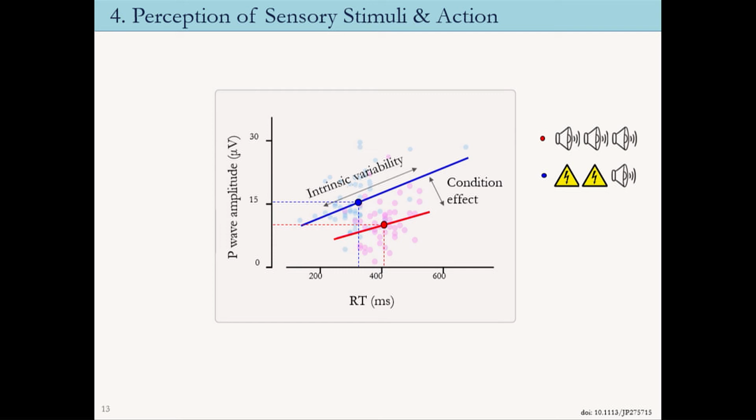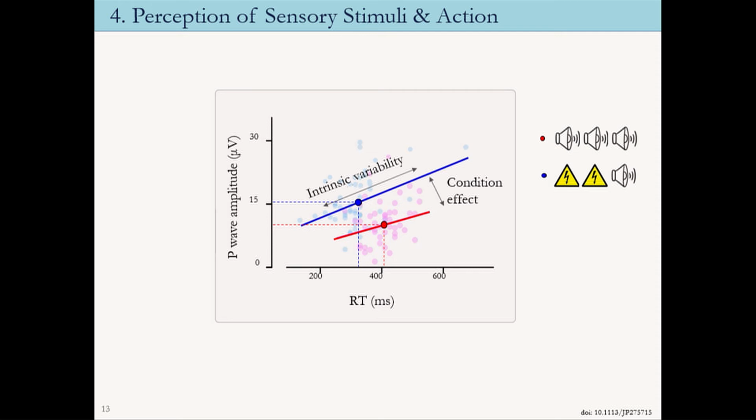And let's focus on the average responses, which are the more pronounced dots. And you see that when I have the same stimuli, sound, sound, sound, I have a reaction time of 400 milliseconds and let's say 12 microvolt amplitude.